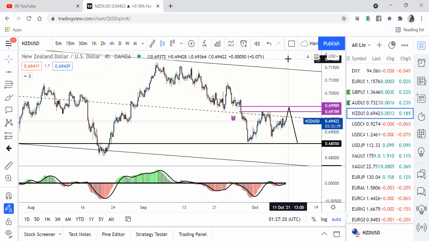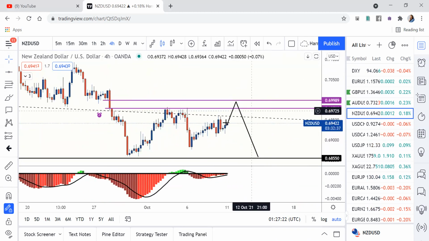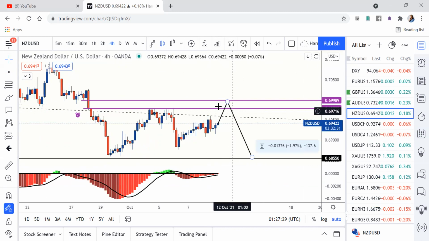All right, so look for that. I'm not interested in NZDUSD at the moment. Let me see if price comes into my area of imbalance and then we can look for a 15-minute structure and decide what we will do from there. Until then, I'm going to leave NZDUSD.